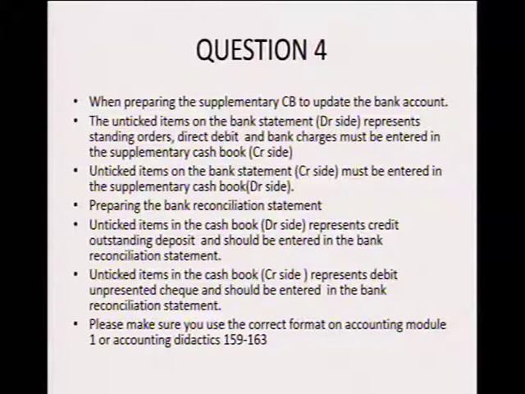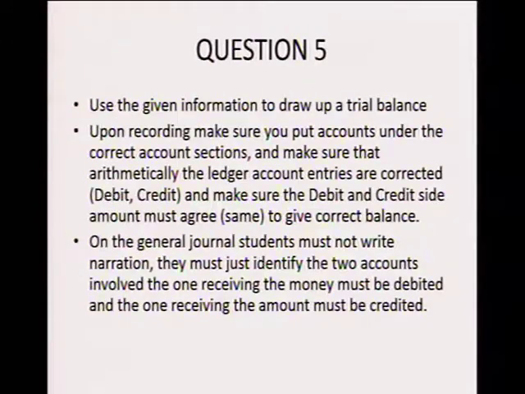The unticked items on the credit side of the cash book represent the debit unpresented cheque, and must also be entered in the bank reconciliation statement. Please make sure you use the format provided in Module 1 of our NAMCOL accounting books, grade 11 to 12, or in your accounting didactics, page 159 to 163.